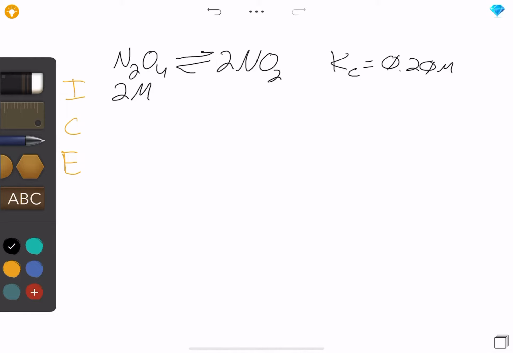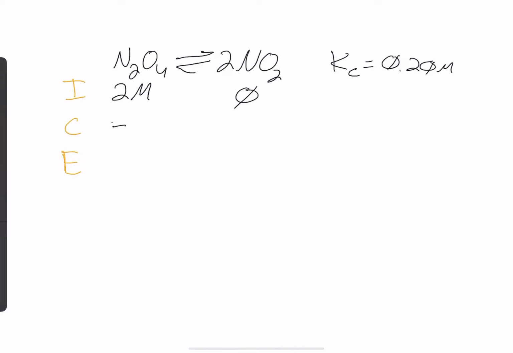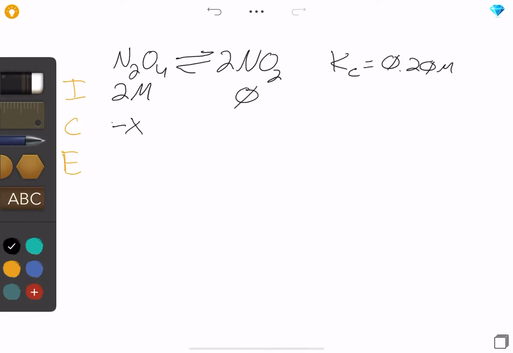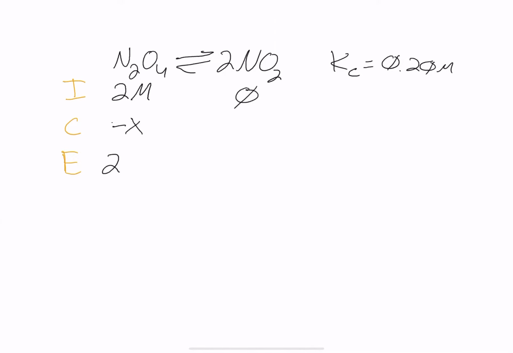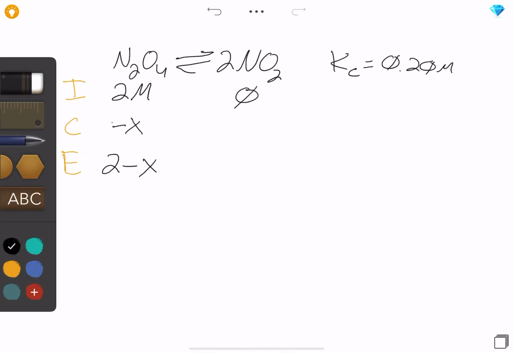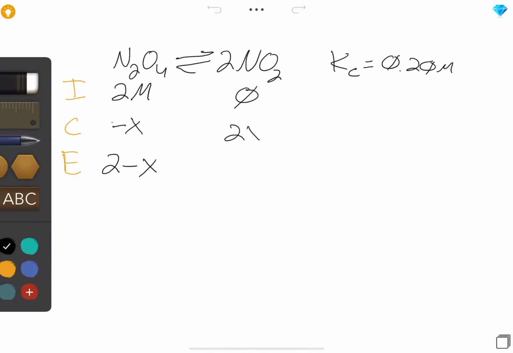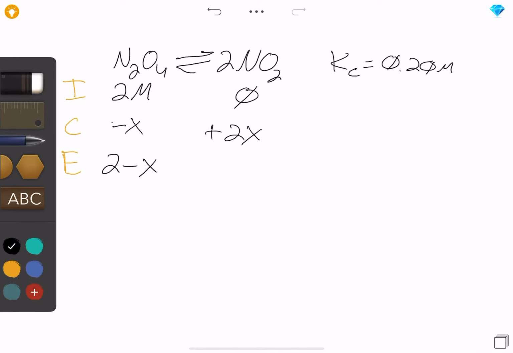Okay, so now we're going to find our change. Well, let's see. We have 0 on this side to begin with. So our change on this side is going to be minus x. So therefore, at equilibrium, it'll be 2 minus x. And this side, it looks like it's going to be 2x, and then the change will be plus 2x, and then over here, it'll be 2x at equilibrium. So now we can use this information to set up our K expression.